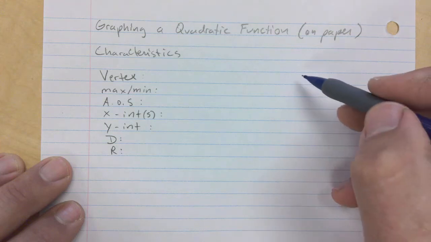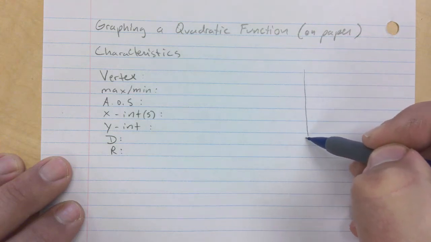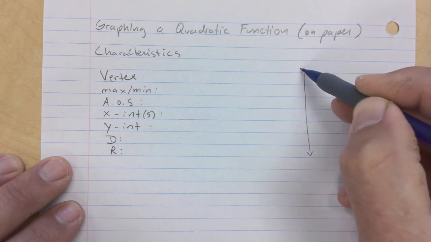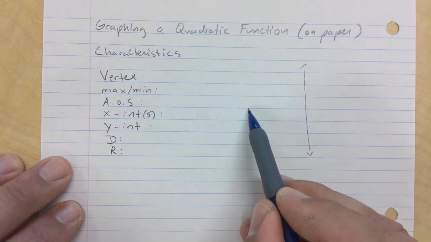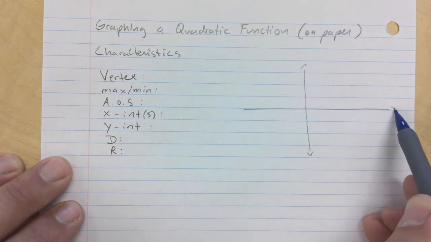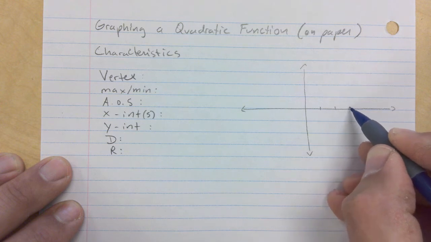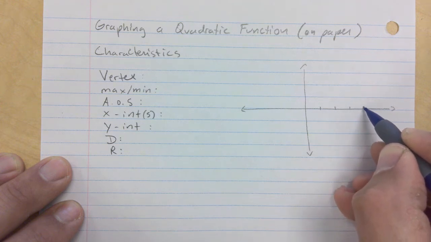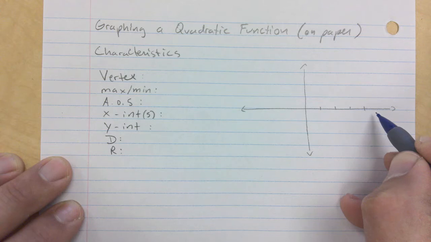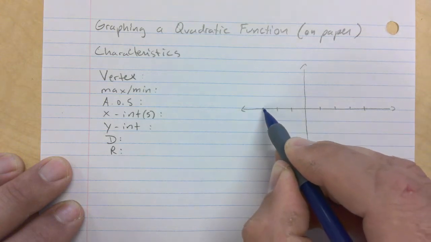So let's graph something on this side here. Sketch it. We're not really graphing. Okay. So if you could do 1, 2, 3, 4 to the right, and 1, 2, 3 to the left here.